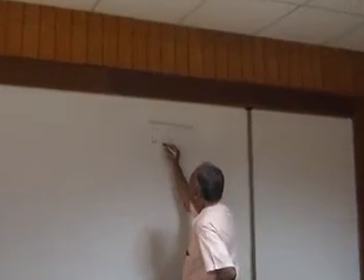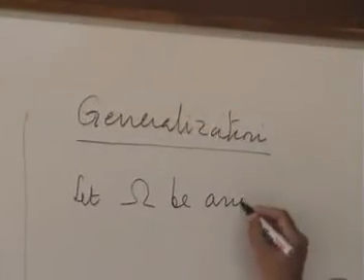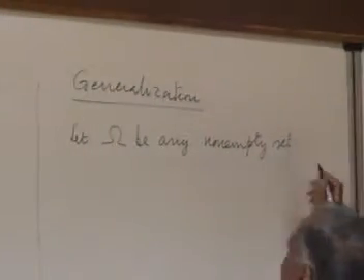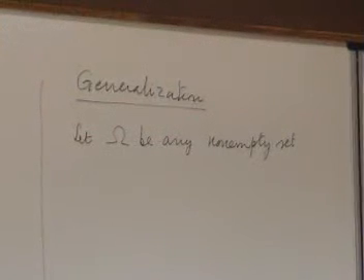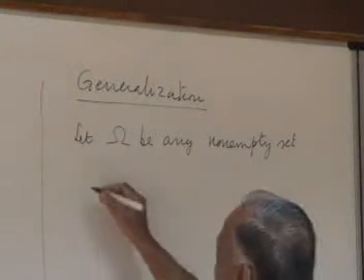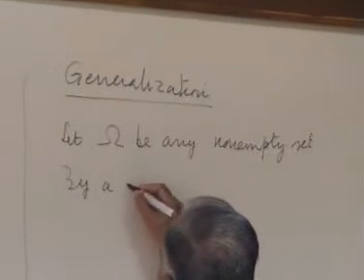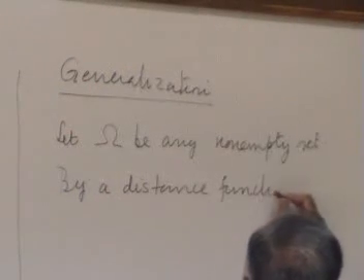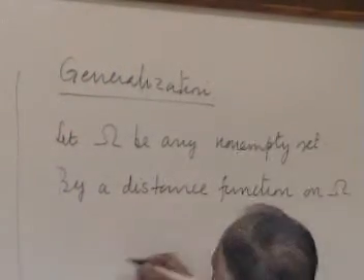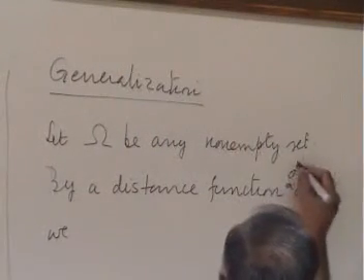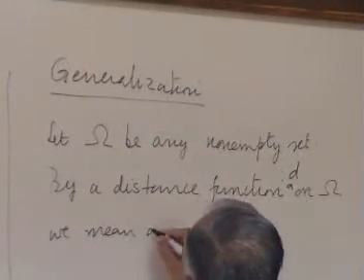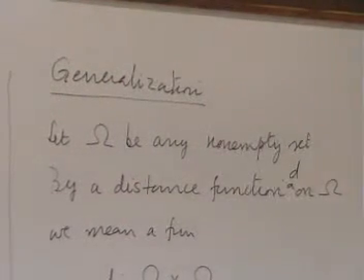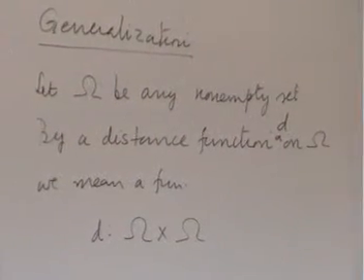Let omega be any, let's say, non-empty set. Let's not worry about trivial examples. Let omega be any non-empty set. Then, by a distance function on omega, let's call it d, we mean a function d mapping omega cross omega, because with two points we associate the distance.